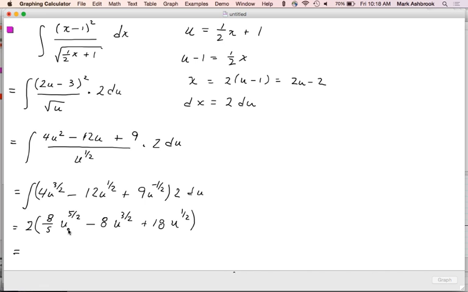So anywhere there's a u, I'm going to put x. The u is 1/2 x plus 1, right? So 1/2 x plus 1, to the 5/2, minus 8.